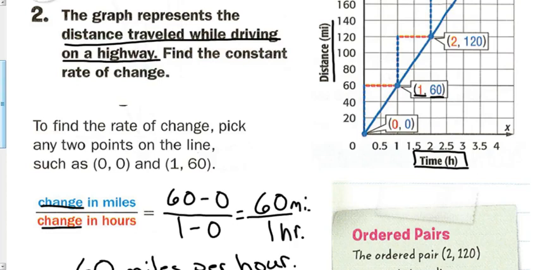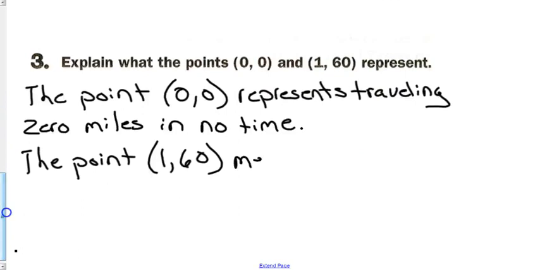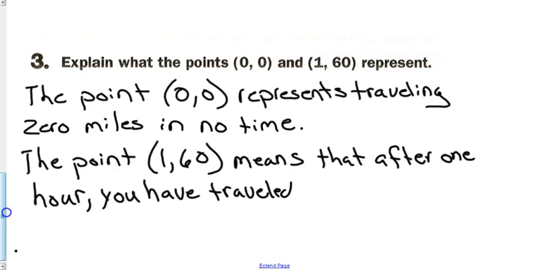So the point (1, 60) means, or represents, that after 1 hour, you have traveled 60 miles on the highway.